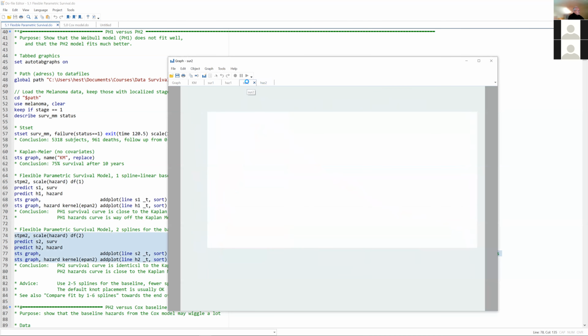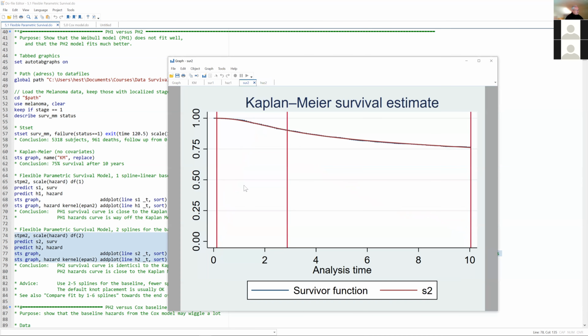And let's take a look at the survival curve first. I also put in the knots from the splines here, and that's returned by this SDPM2 function. So there's 1 spline in this area and another spline in this area. And as you can see, the blue and the red curves are identical, so we have a perfect fit for the survival. What about the hazards?